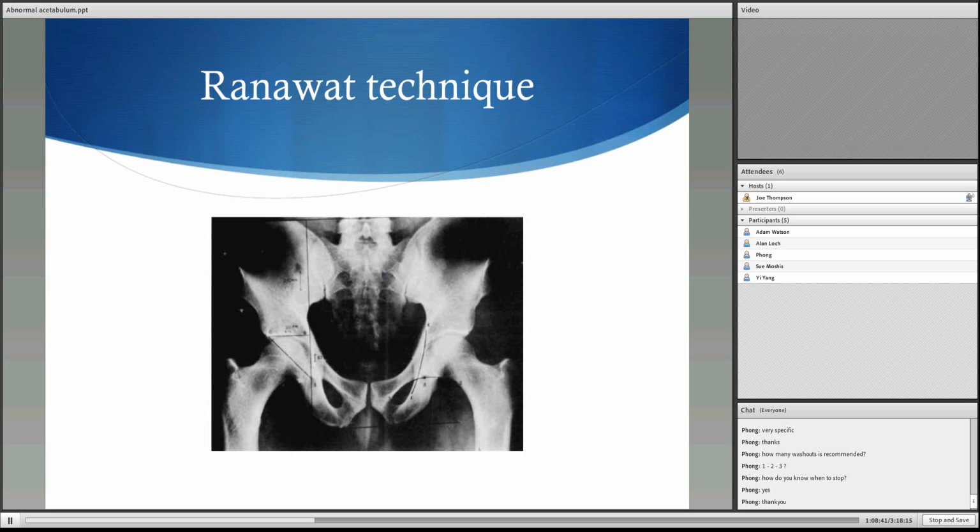With regards to the acetabular reconstruction, it's important to try and put the cup in an anatomical position. Ranawat in 1980 looked at acetabular reconstruction in 35 patients with protrusio who had rheumatoid arthritis.